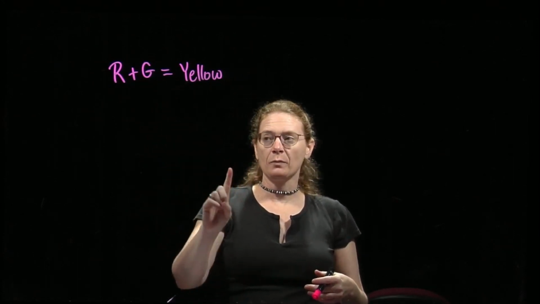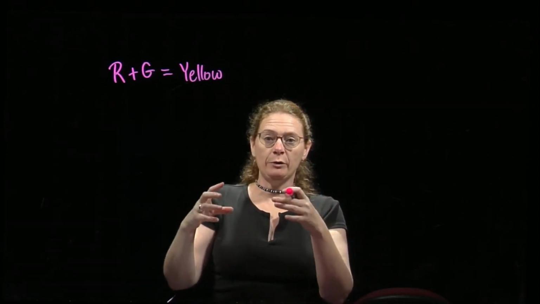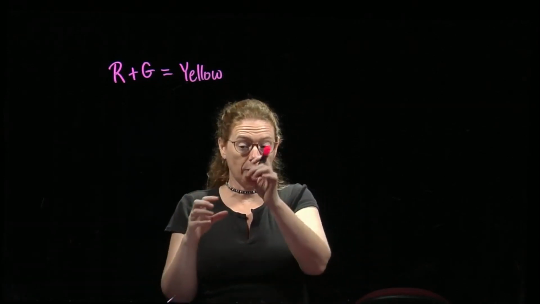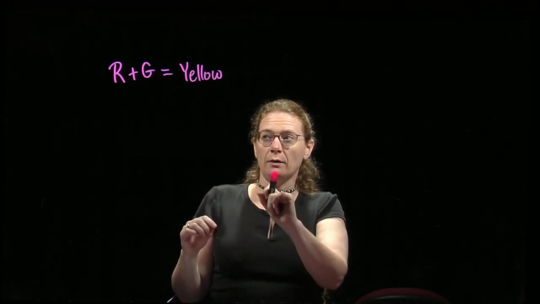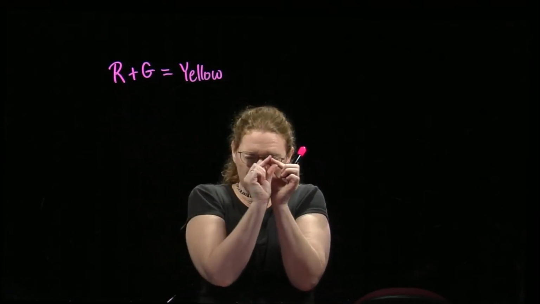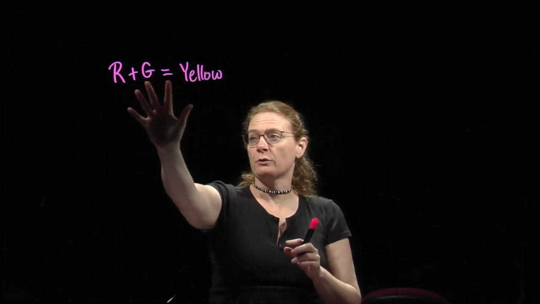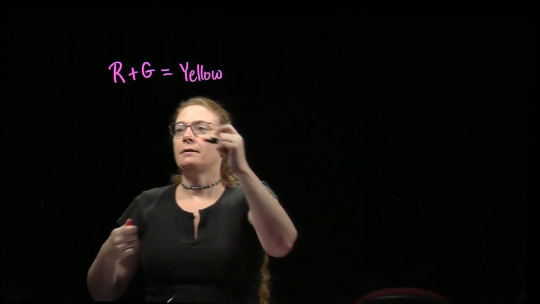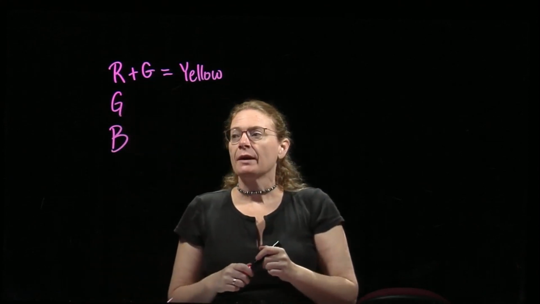There's one more. If you try looking at different colors of images on your screen with that little drop of water, you will be able to find one more color that is a single color. So if you look at something red, you should only see these tiny little red squares. If you look at something green, only green. If you look at yellow, it's red plus green. The other color that is our base, our primary, is blue.